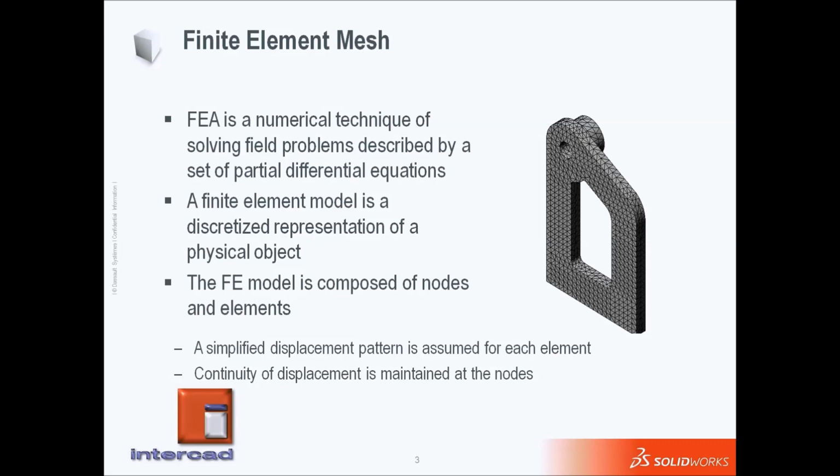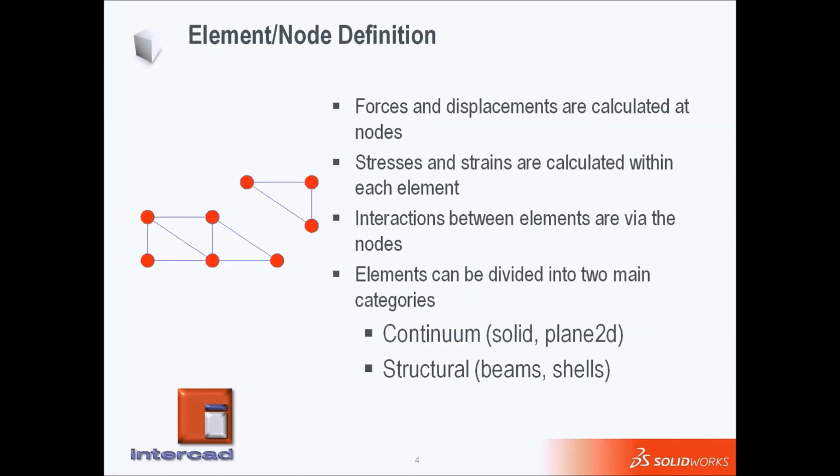In any FEA model, as you know, we have nodes and elements, and there are two basic assumptions. First, a simplified displacement pattern is assumed for each element, and also continuity of displacement is maintained at nodes. With these two basic assumptions, let's have a better presentation and definition of the elements and nodes.